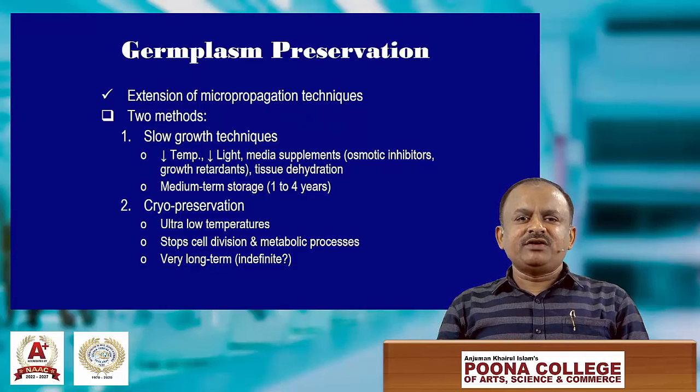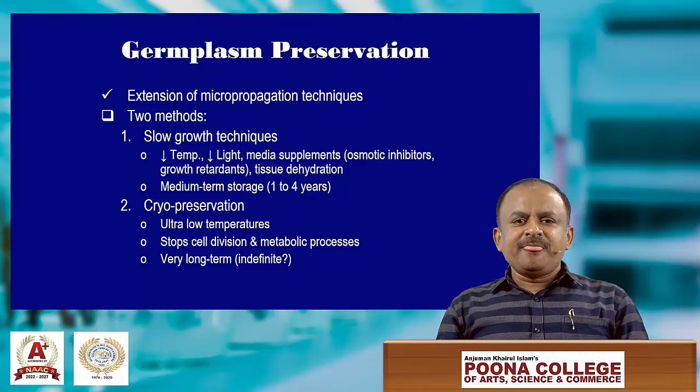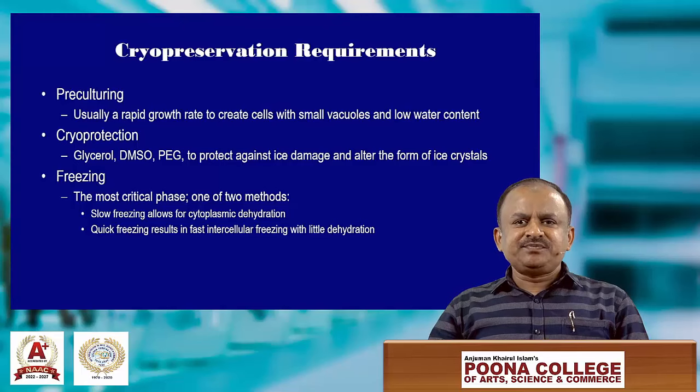As far as cryopreservation is concerned, this is a technique that uses ultra low temperature to stop cell division and metabolic processes, and we can use it for very long term or indefinite storage of cultures. In addition, what are the different requirements of cryopreservation techniques? Pre-culturing is very important here.